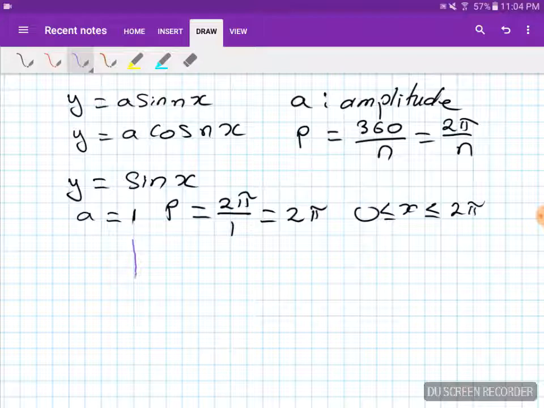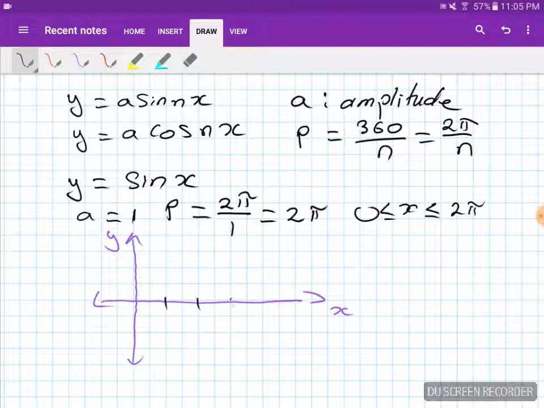So we just draw this, and I use a grid because it makes it easier for me, with x and y axes here. Now one period is cut into 4 pieces, so I get 1, 2, 3, 4, and this is 2 pi.